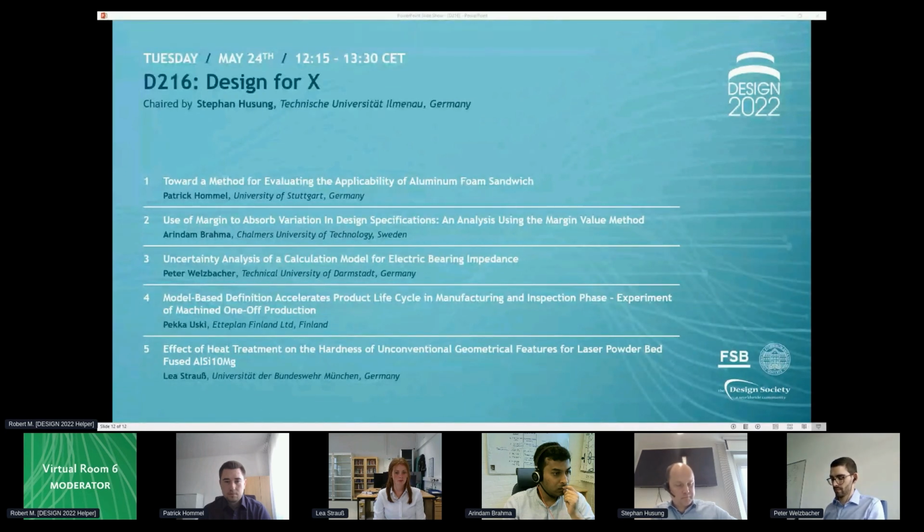So basically, we made some student tests on this, because for them everything is so new, and many of them say that model-based definition is a little bit demanding, but they think that they know what they are doing, because they can more easily show the surfaces that they are considering than if they would be creating a 2D drawing from the 3D model and making the manufacturing information there.